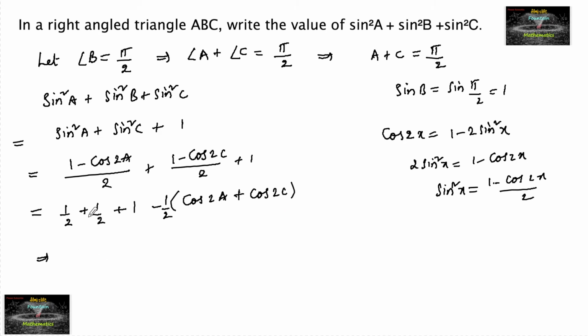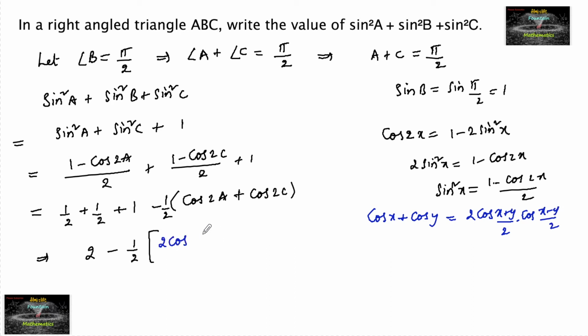So which is equal to half plus half plus 1, it is 2, minus 1 by 2 times of, again we have the formula that cos x plus cos y is equal to 2 cos of x plus y by 2 into cos of x minus y by 2. So we can write 2 cos of 2A plus 2C upon 2 into cos of 2A minus 2C upon 2.